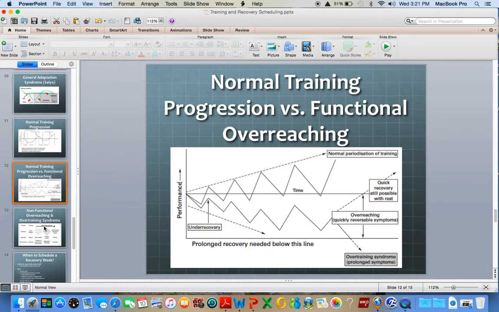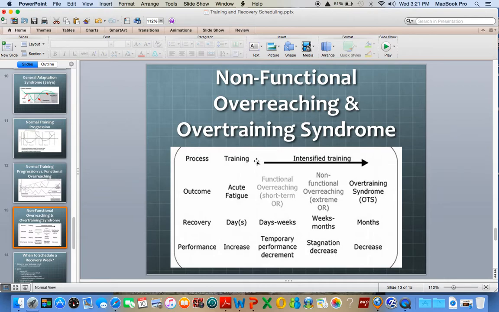All right, so that's a form of what's called overreaching. But functional overreaching is when we allow our bodies to adapt and actually get fitter, right? And so when we test ourselves again, we're actually at a higher level when we allow enough rest, right? And then when we get to non-functional overreaching, that's where we do not have any kind of performance gains.